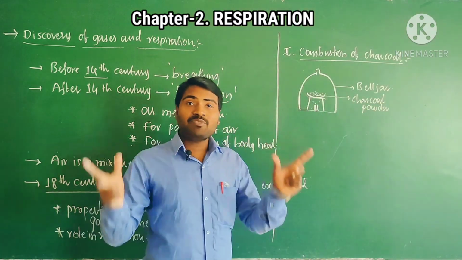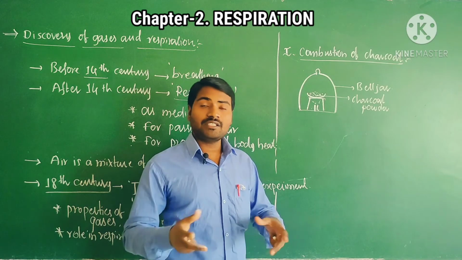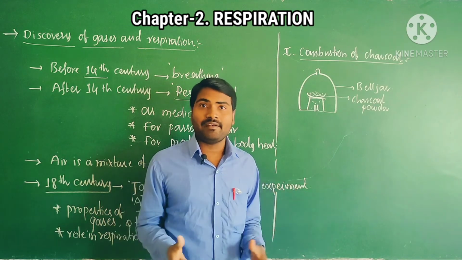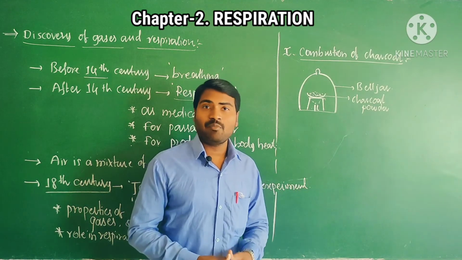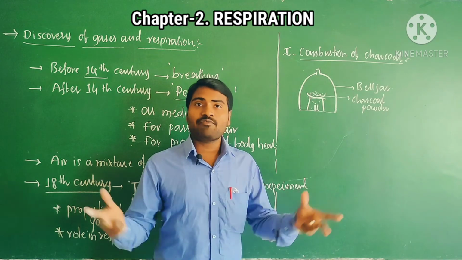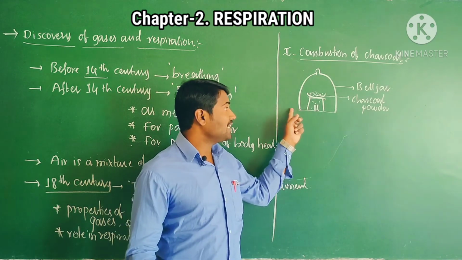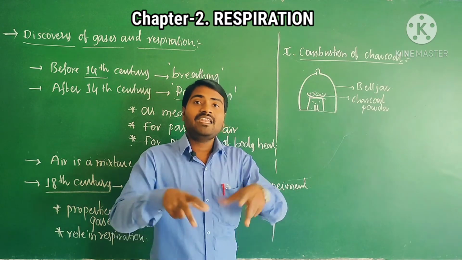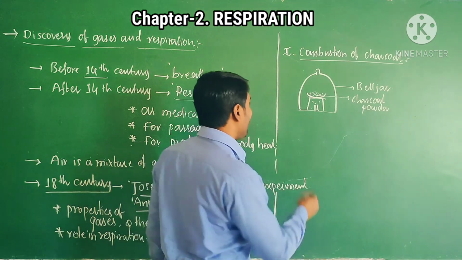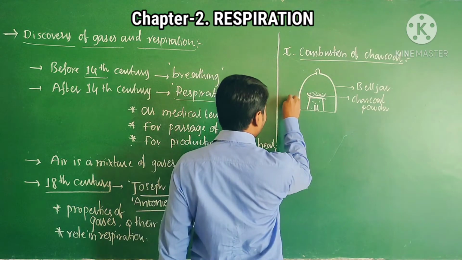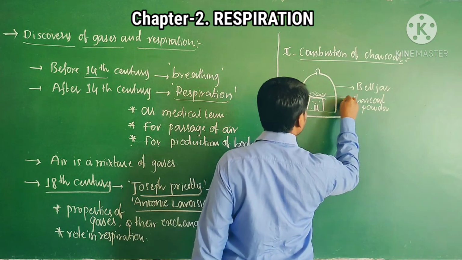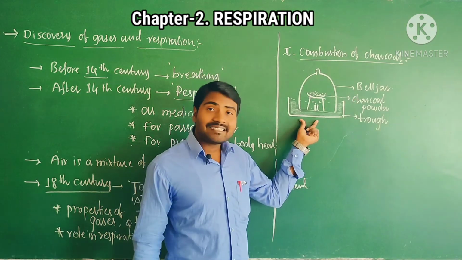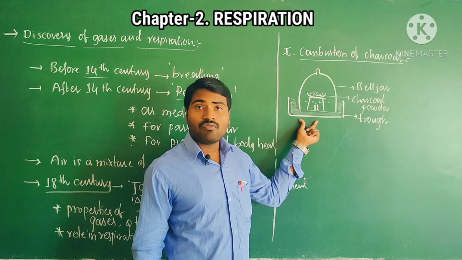If we do this experiment in the open, or anywhere in the laboratory, the gas may escape from the Belcher. That is why he conducted this experiment in a water trough. Why in a water trough?